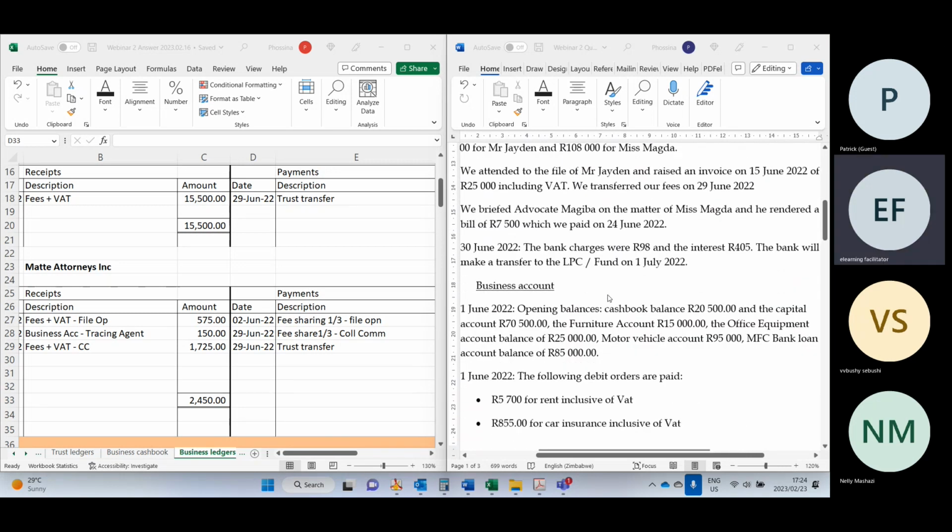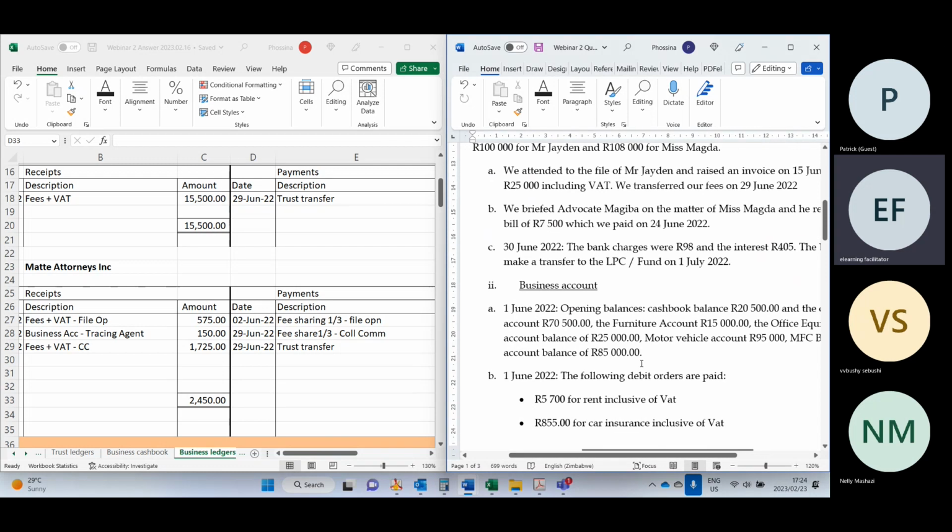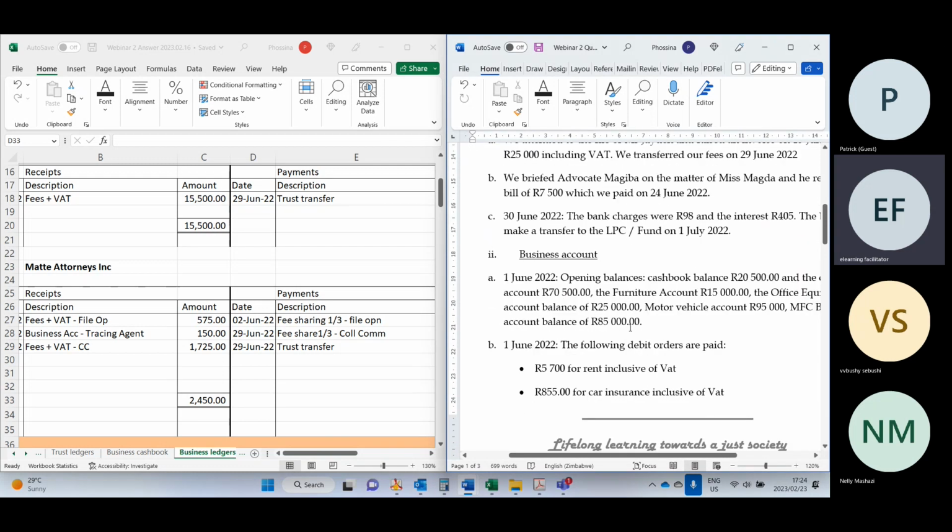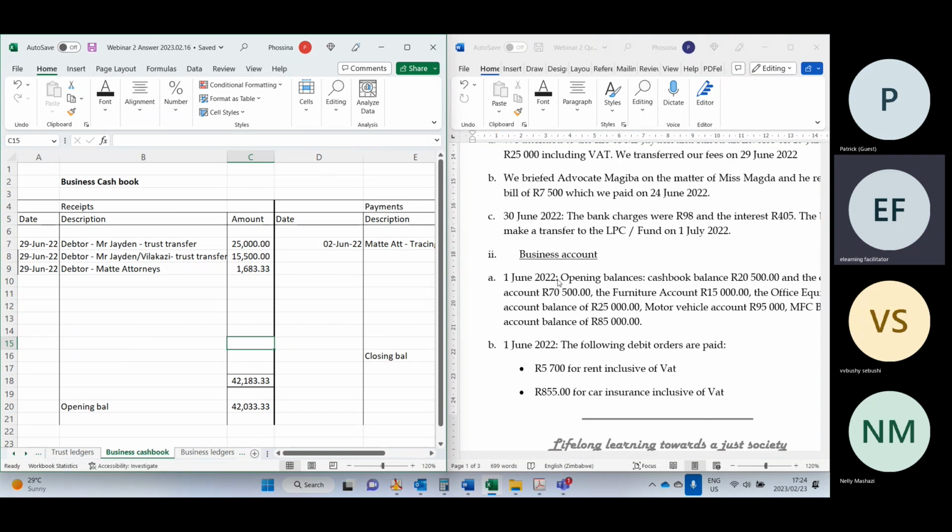We have covered the trust transactions, and now we can have a look at the business transactions, since we do have time. So now we are dealing with the business. We are told that on 1 June 2022, we had opening balances.